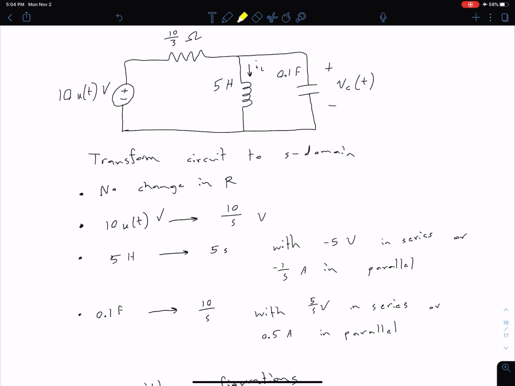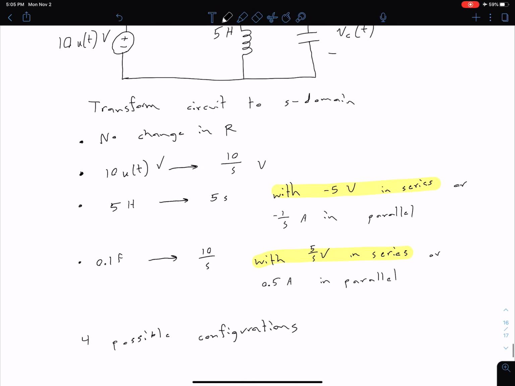With mesh current, we want to limit the number of meshes we have. So we can choose the option to just have our voltage sources in series. With our voltage sources in series, we're just going to have the 2 meshes, and that's going to minimize our equations. But again, there are various options that we can choose.